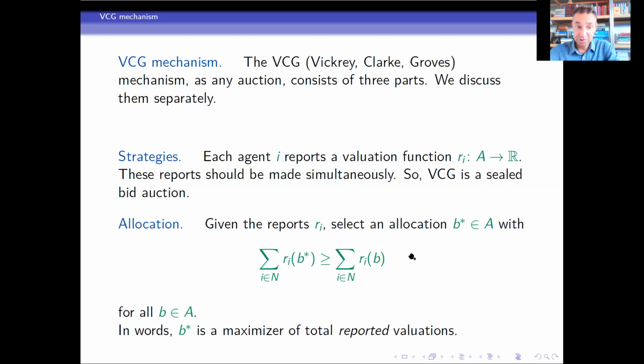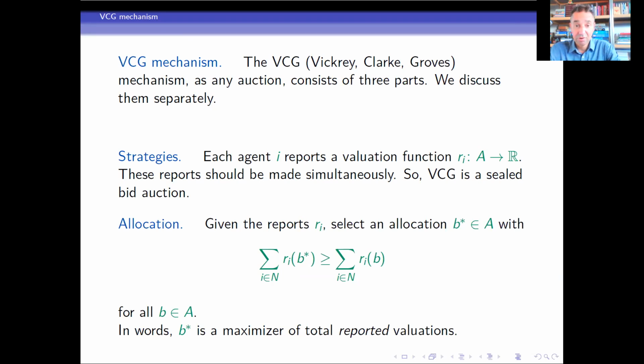Good. So far, of course, it was a bit of notation, but we haven't done anything dramatic yet. We just said that people can report valuation functions. They simply have to answer the question, what is your valuation function?